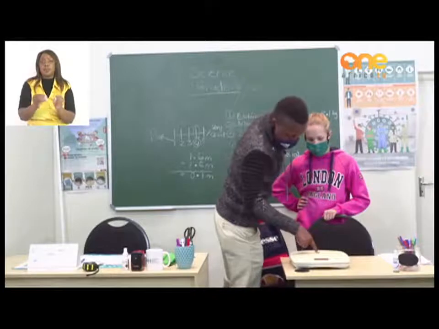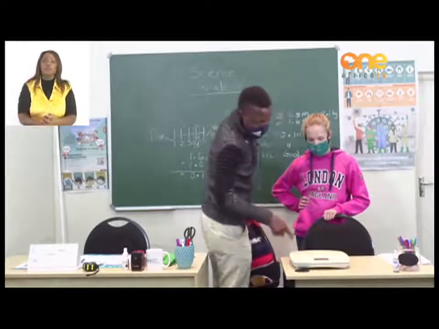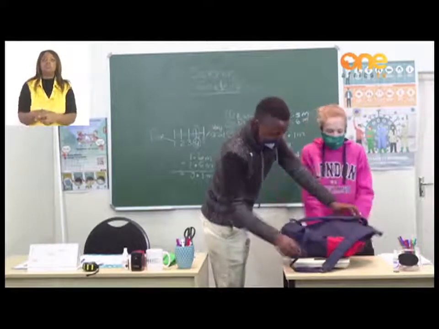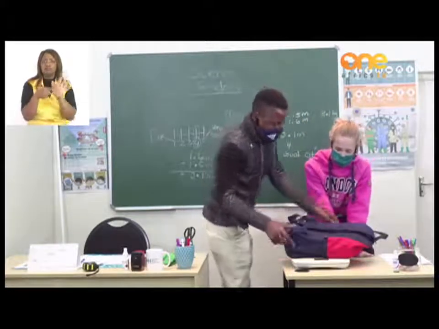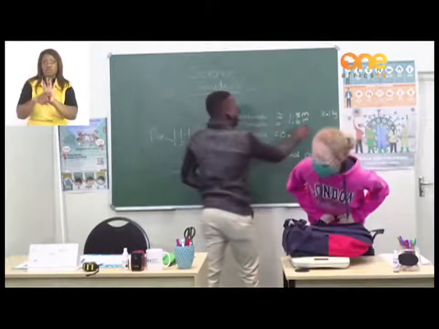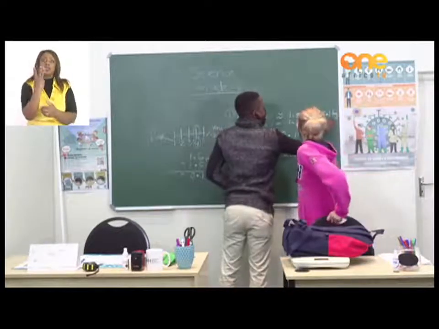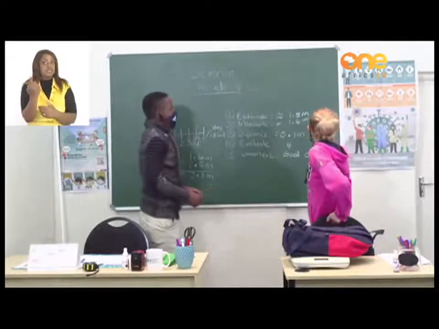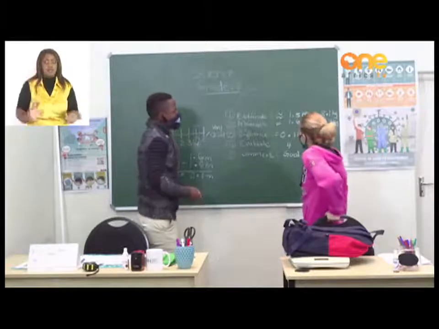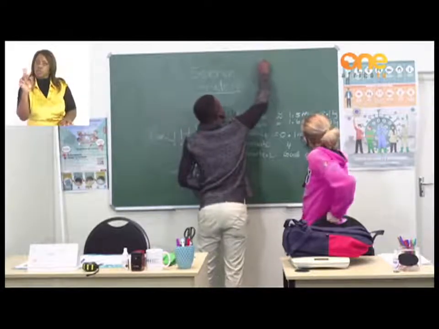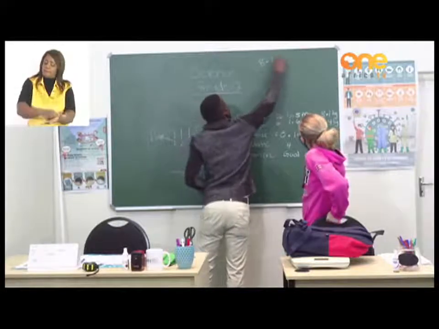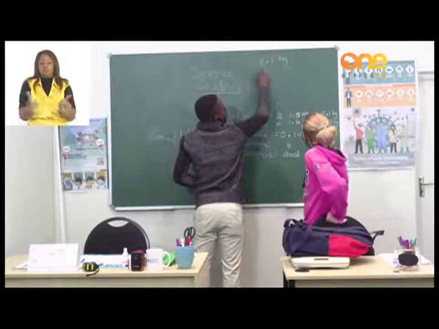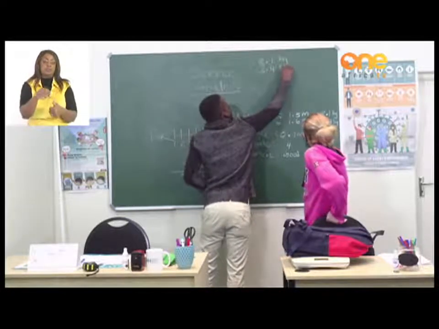So you can start. Okay, when it's 0, then we have to place it here in this manner. Okay, 0, 3.4. So it's 3.4 kg. Then to get the difference, the highest is 8.1 kg, and the measure is 3.4 kg.